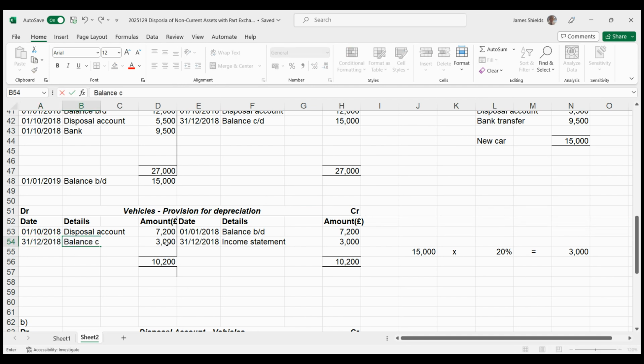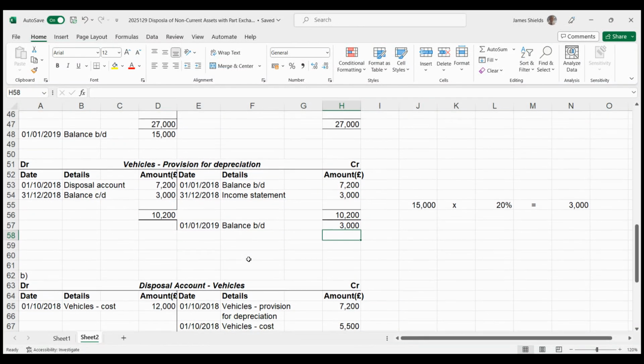So basically that's the income statement charge for the current year for the new vehicle. Again, if you have a balance carried down, we must have a balance brought down on the opposite side. So the 1st of January 2019, we have balance brought down of the £3,000.